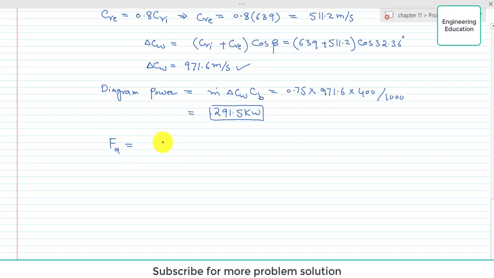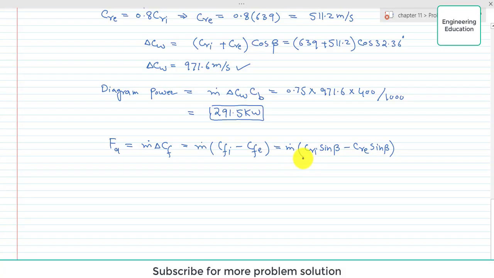Now to find the axial thrust in this case, it is equal to m dot delta CF, which is nothing but the difference of flow velocity at inlet minus flow velocity at exit. Further it is equal to m dot into CRI sin beta minus CRE sin beta.